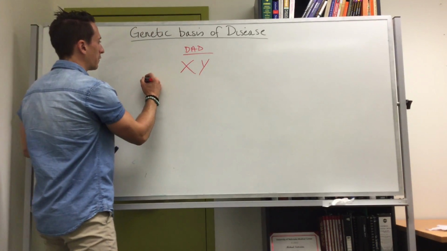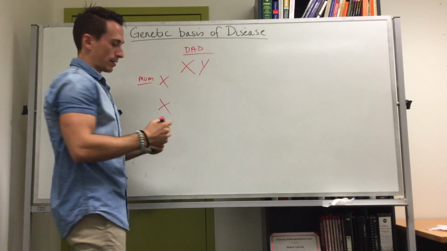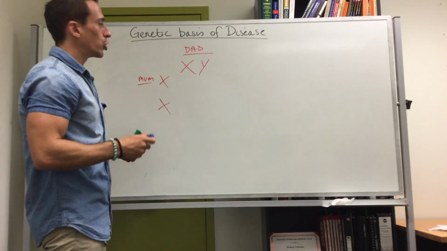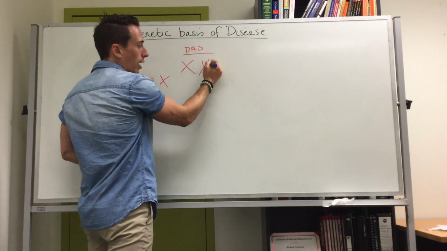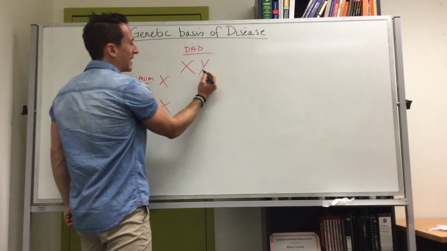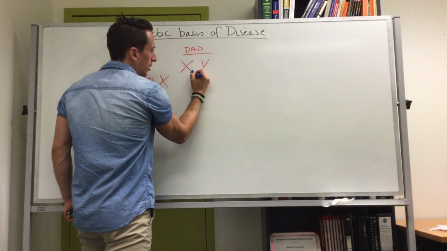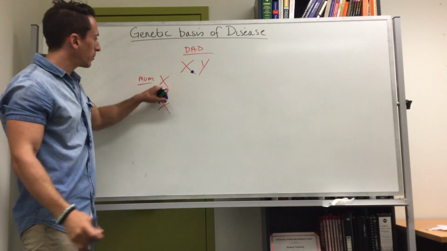And if you're genetically female, so from mum, you're going to be XX. Like I said before, the majority of sex-linked diseases are not on the Y chromosome, but are on the X chromosome. So let's just say, what happens if dad has a change here, a mutation on one of the arms of his X chromosome, but mum doesn't?